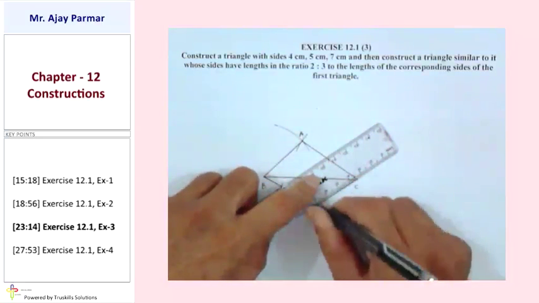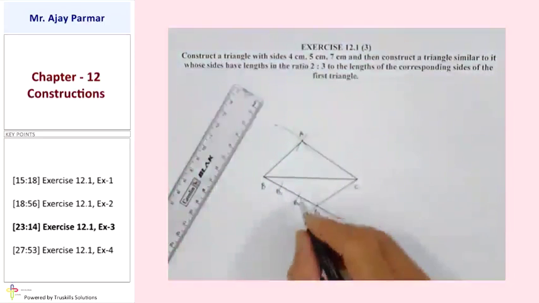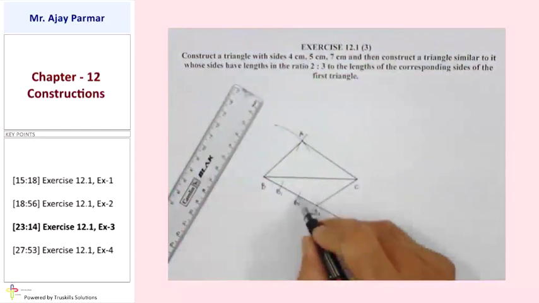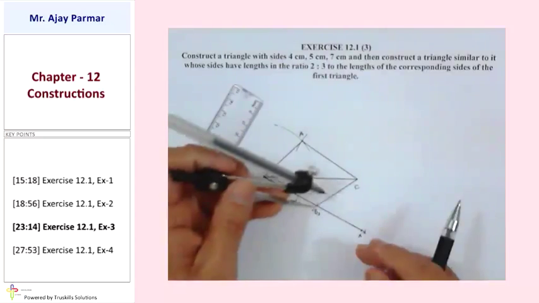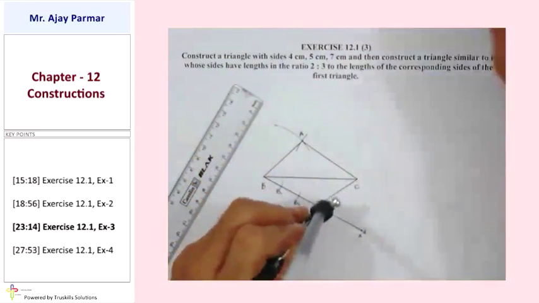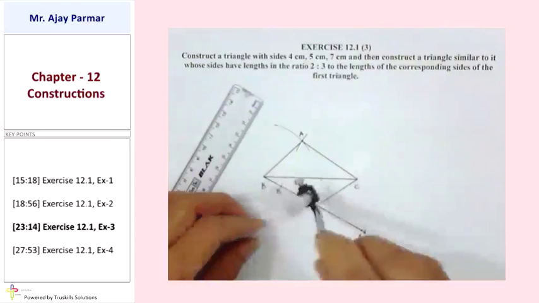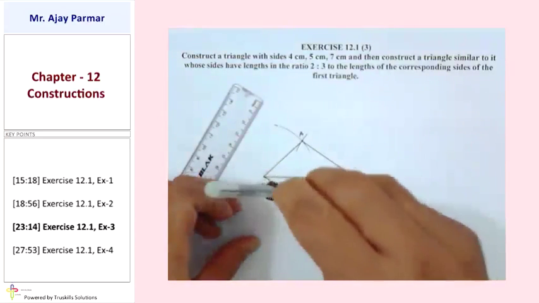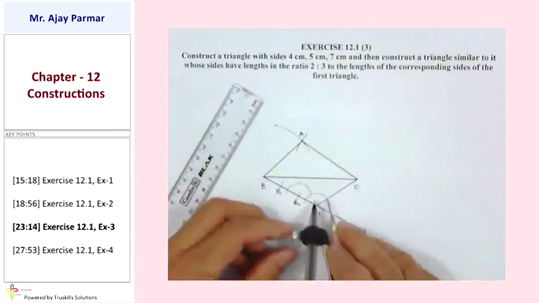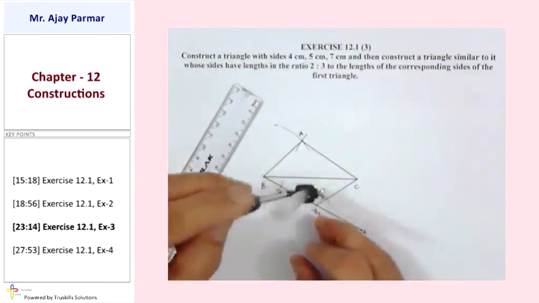Because the scale factor is less than 1, so the bigger number is to be joined with this point. 2 is the smaller number, so I am supposed to draw a line segment parallel to this B3C passing through B2. And for that we require once again construction of parallel lines. Any arbitrary radius, and let us see the first arc. Then same radius from B2 as the center, another arc. And measure this radius, and then from this point we shall draw an arc over here.